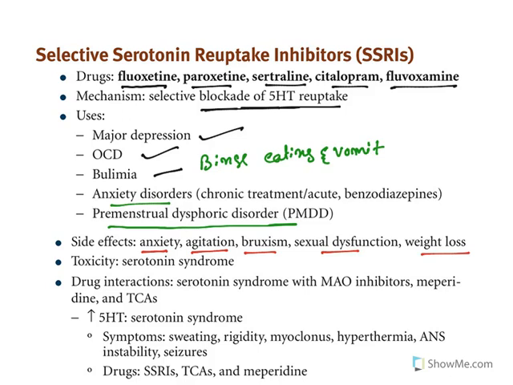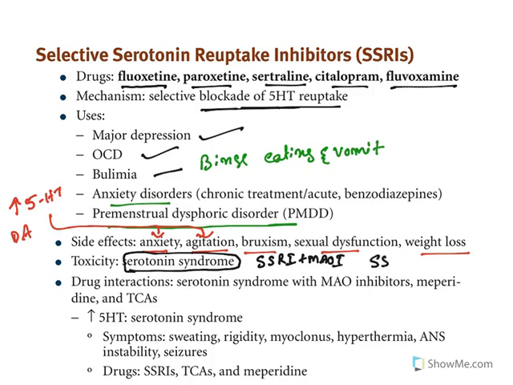Understand that whether you increase 5-HT serotonin or dopamine levels, they will cause these kinds of adverse effects. Anxiety and agitation will be increased. The major toxicity with this is serotonin toxicity syndrome, known as serotonin syndrome. Serotonin syndrome occurs when SSRIs are used along with monoamine oxidase inhibitors, or SSRIs are used along with tricyclic antidepressants.